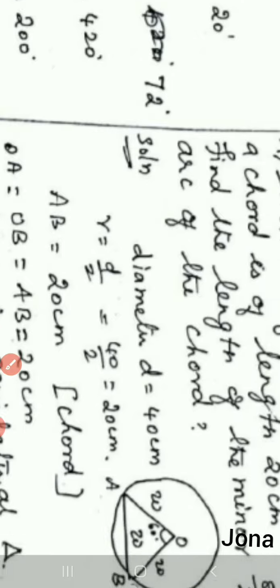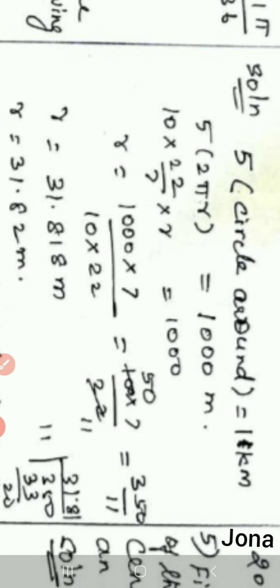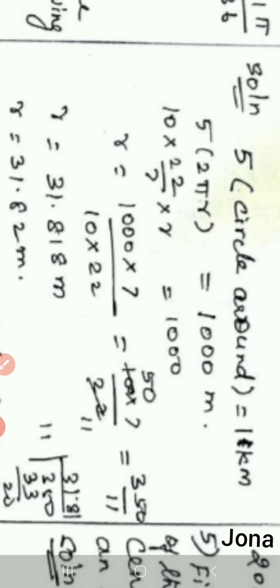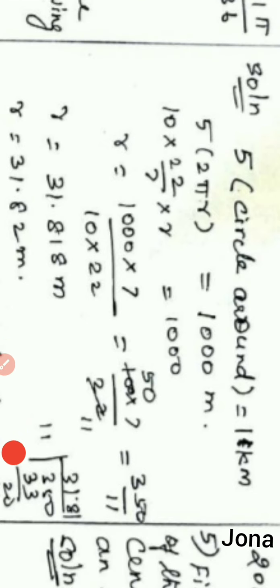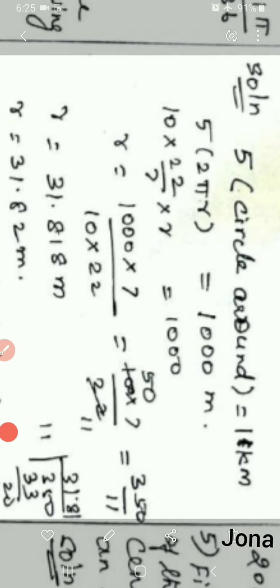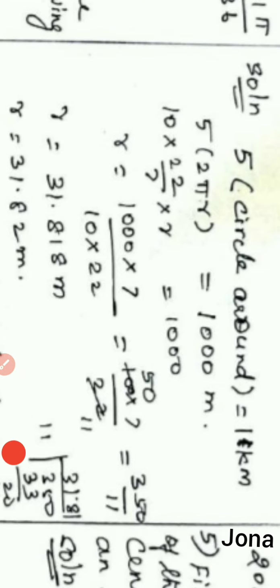Let us see how to do this problem. Here one more thing is also given. An athlete runs through the path, isn't it? How many times does he run around that path? 5 times.